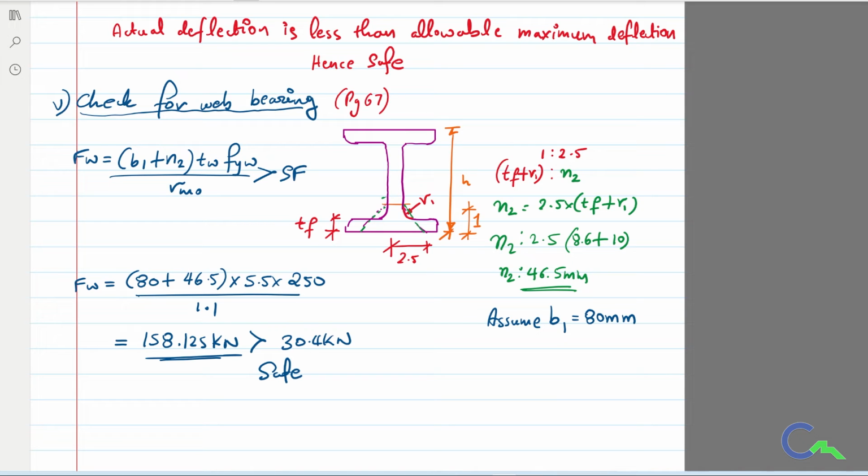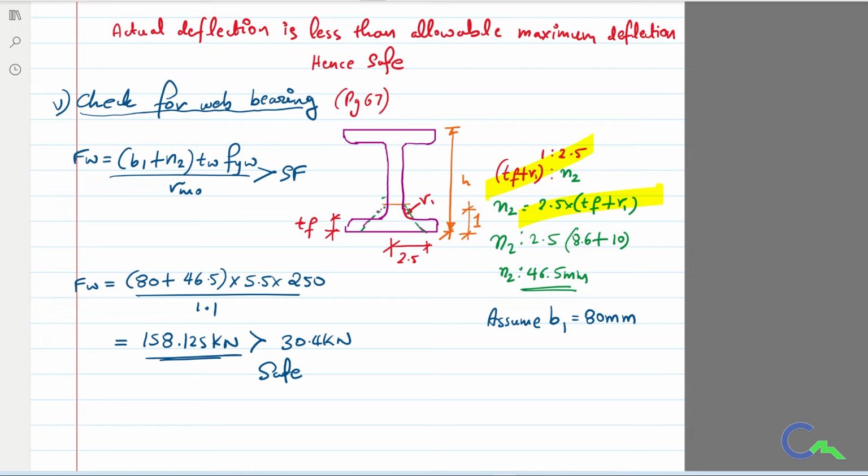By doing the cross multiplication, vertical here is TF plus R1, that is the root radius we already noted. Horizontal is N2. If I do the cross multiplication, N2 is nothing but 2.5 into TF plus R1. So I got the N2 value as 46.5.